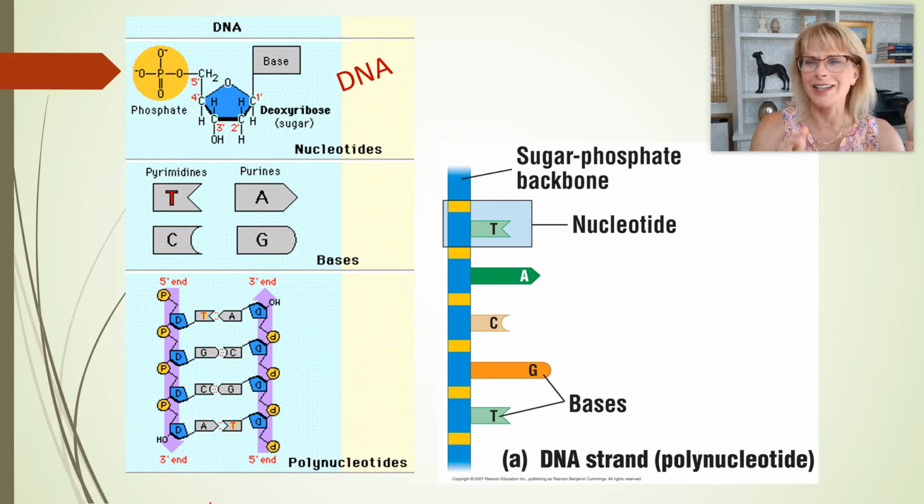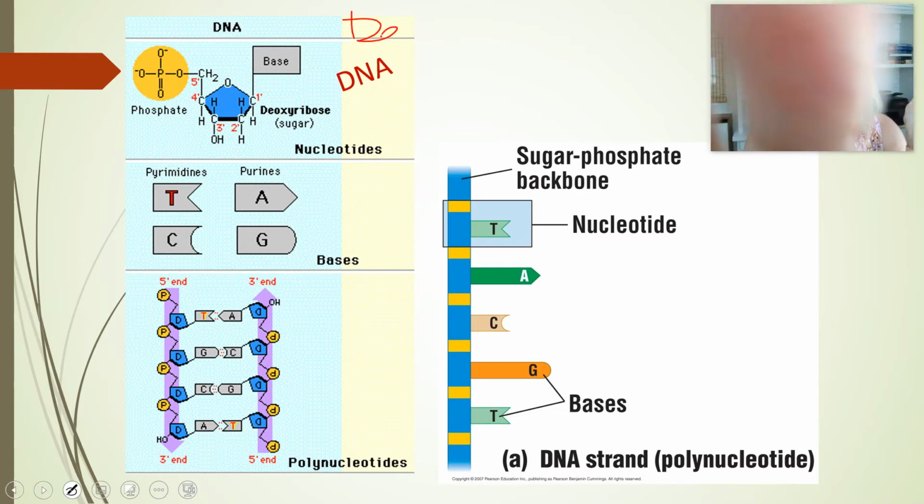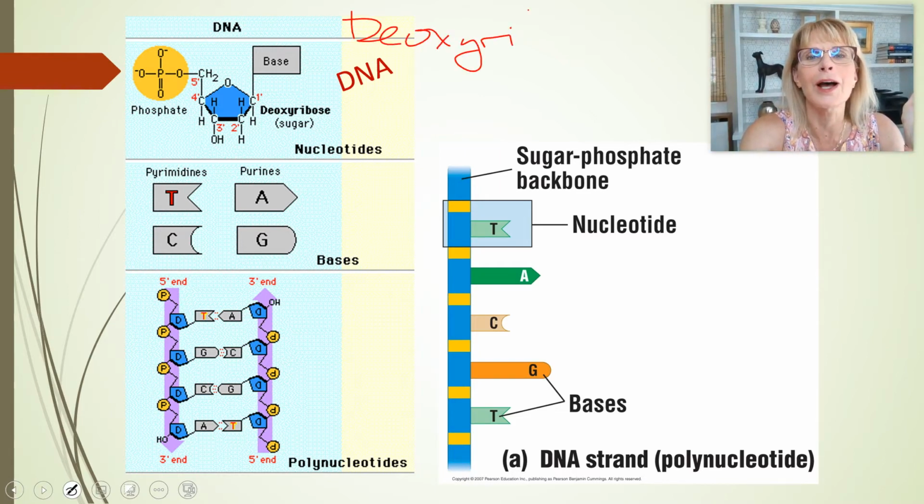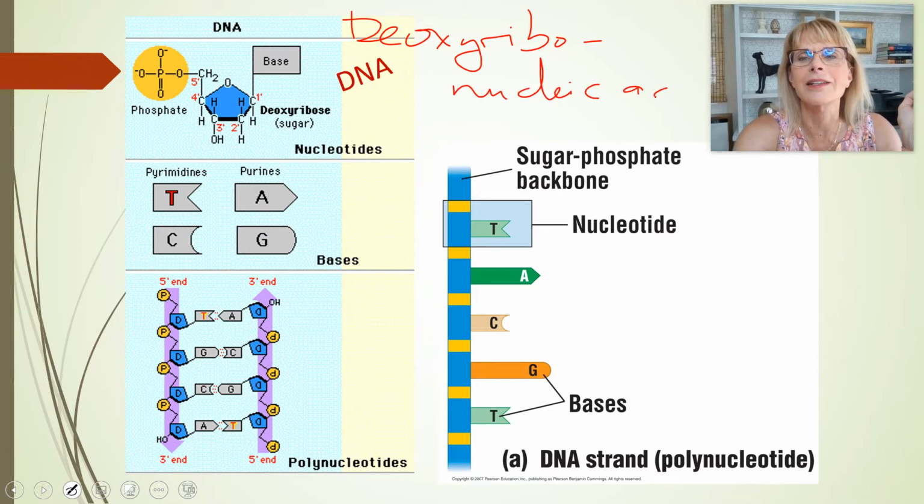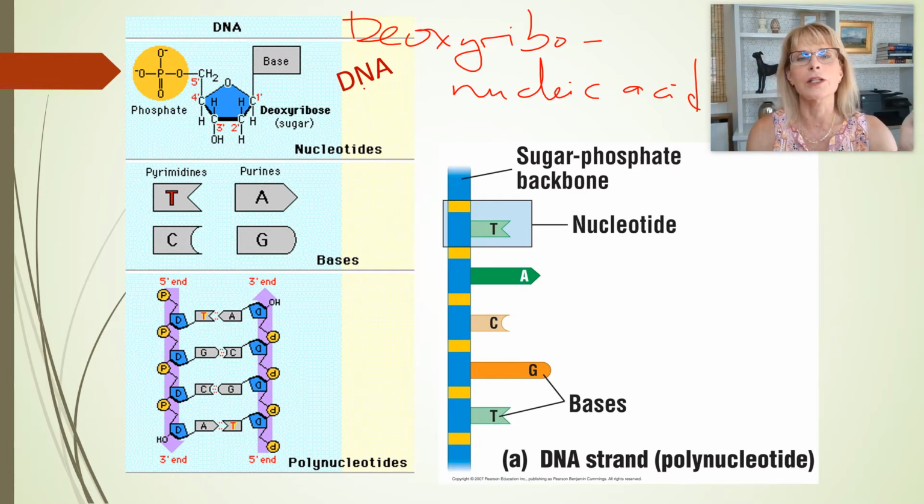So DNA stands for deoxyribonucleic acid. It's a nucleic acid. That's what the N and the A stand for. And the D stands for deoxyribo. Why deoxyribo? Because this is deoxyribose. So you will not have any trouble remembering that the sugar in DNA nucleotides is deoxyribose, because it's literally right there in the name.